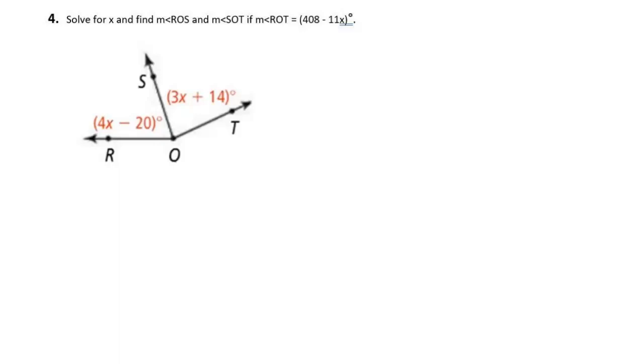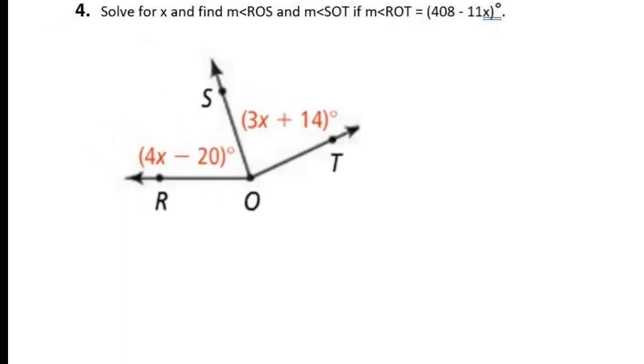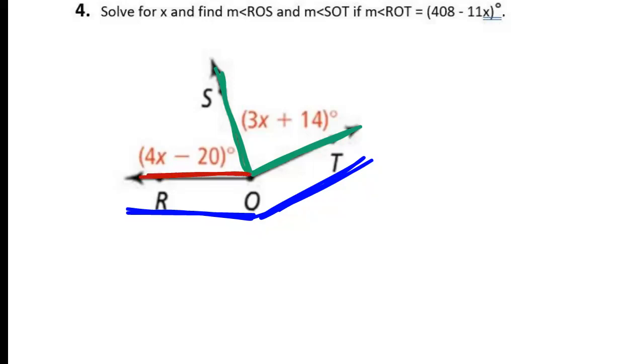How many angles total are there? I see more than 2. I see 3. What are those 3 angles? I see SOT. I see ROT, that's this one right here. And ROS.